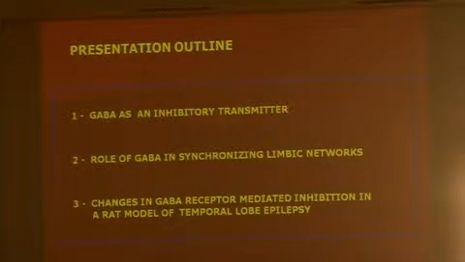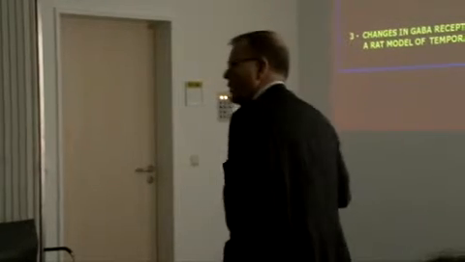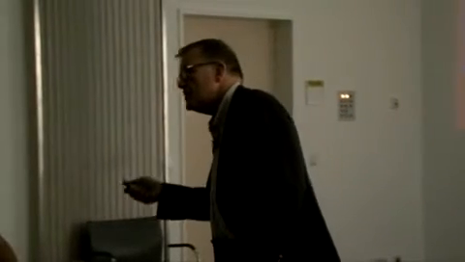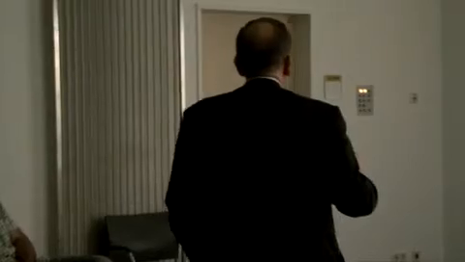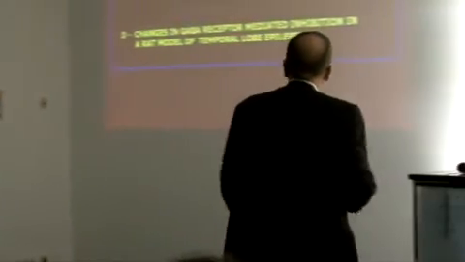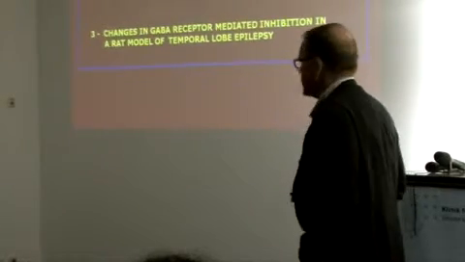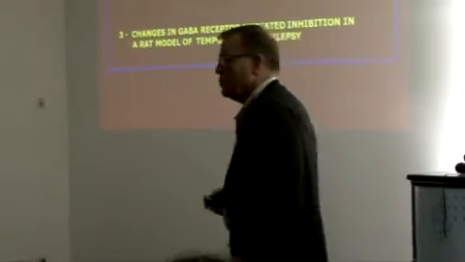Then we'll look at the role of GABA in synchronizing limbic networks, which, as you know, are very important for producing limbic seizures, which are the hallmark of temporal lobe epilepsy. And finally, we'll have a fast look at changes in GABA receptor-mediated inhibition in a rat model of temporal lobe epilepsy.